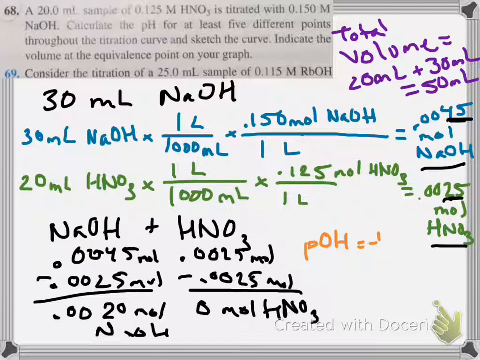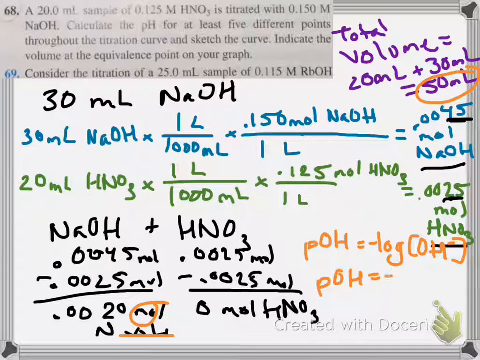So I know that pOH is equal to the negative log of my OH minus. And I'm doing that because I have my base left over, my OH left over. So I can easily calculate my molarity of the OH. Now remember, this is moles. Here's my total volume. So my molarity should be 0.002 divided by 0.05, which is 0.04. So my pOH is equal to the negative log of 0.04, which is equal to 1.398.